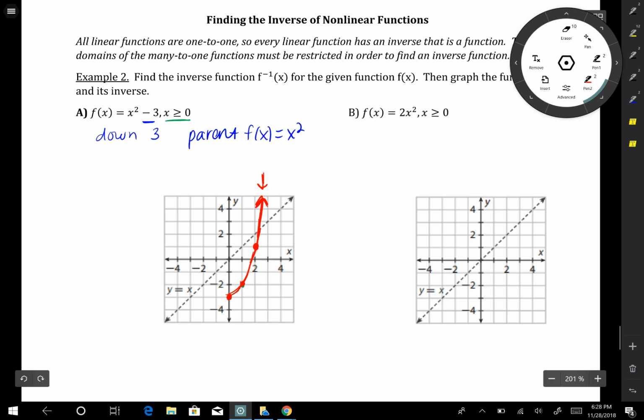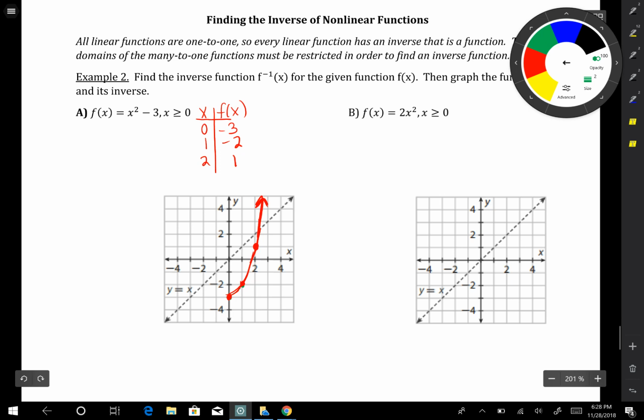Okay, if I want to plot the inverse of that, I'm going to make a table of these values I have graphed for our original function. The first point is 0, negative 3. Then I have 1, negative 2, and 2, 1.